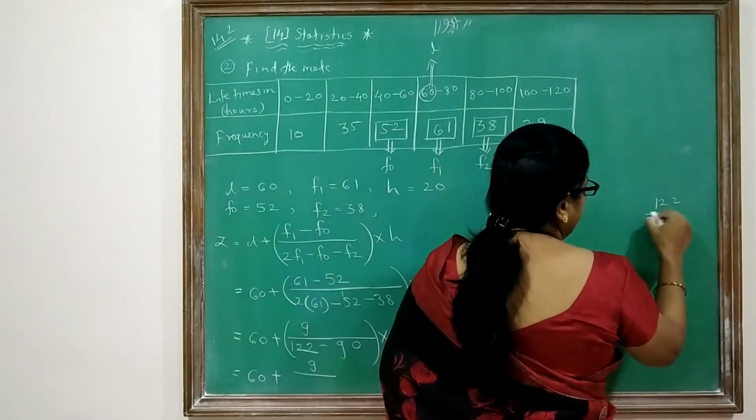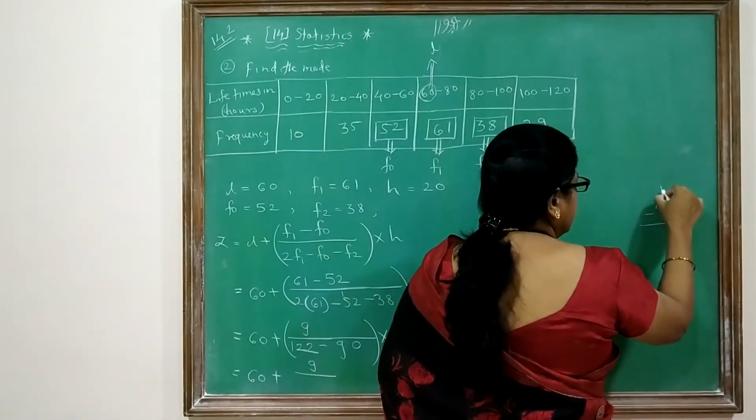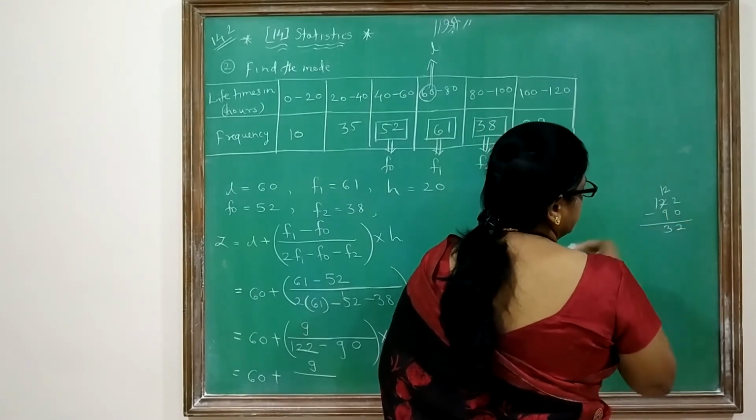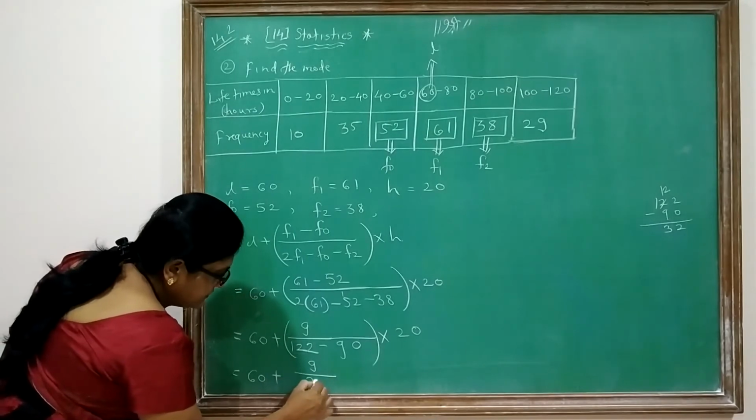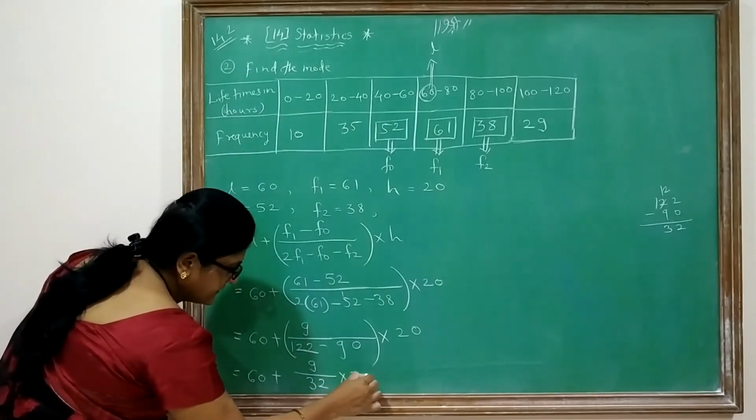Then 122 minus 90 is 32. Here you will write 32, multiplied by 20.